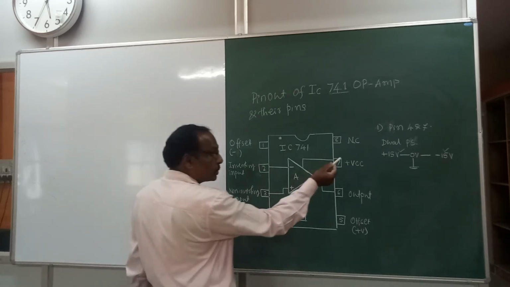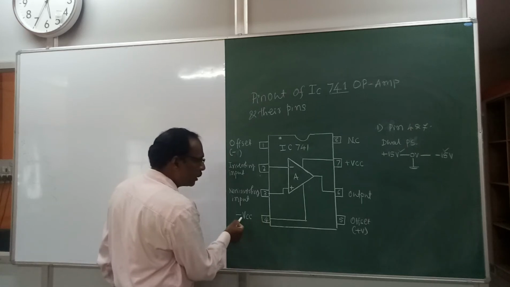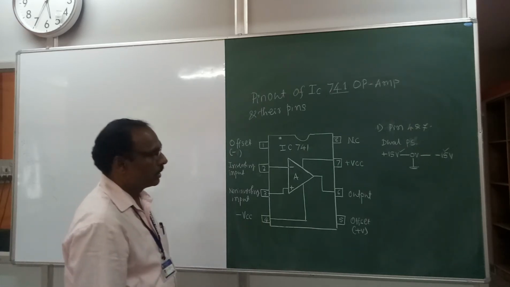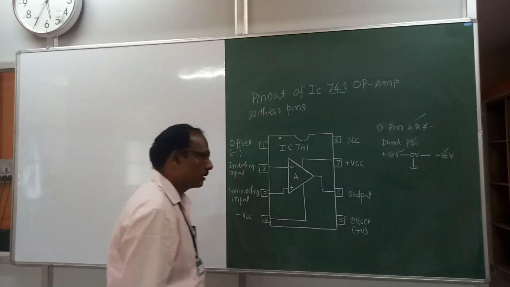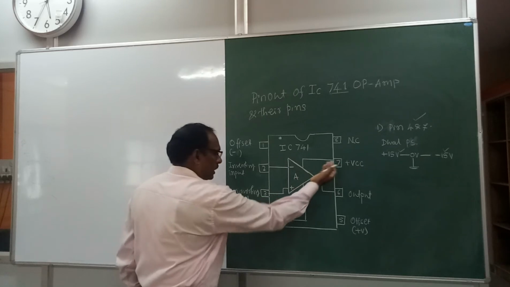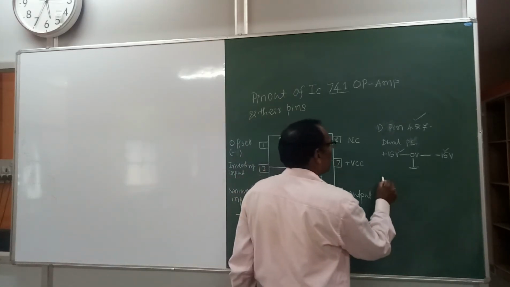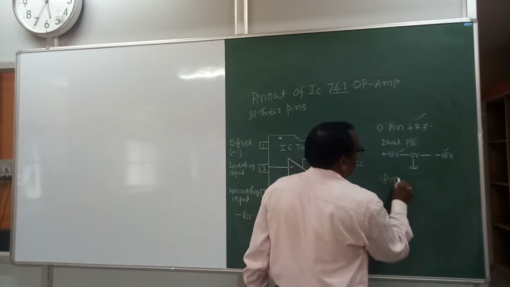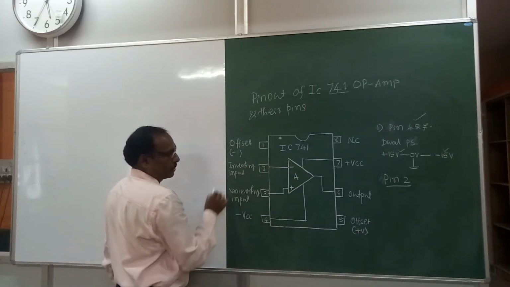The positive of the dual power supply is connected to pin number 7, and the negative is connected to pin number 4. Pin number 1 and pin number 2 are involved in the input; pin 2 is the inverting input.